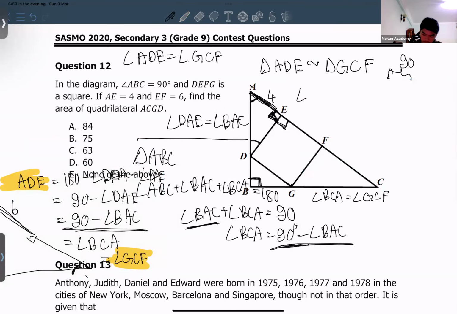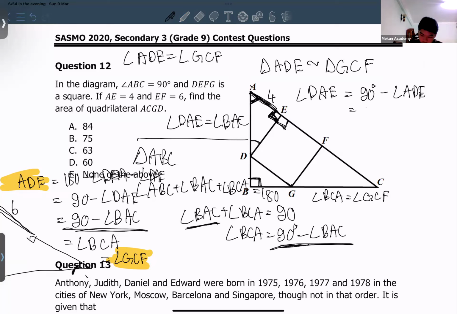So next we need to find this angle, angle DAE. You can say that angle DAE equals 90 minus angle ADE. But from the first one that you found, ADE equals GCF.